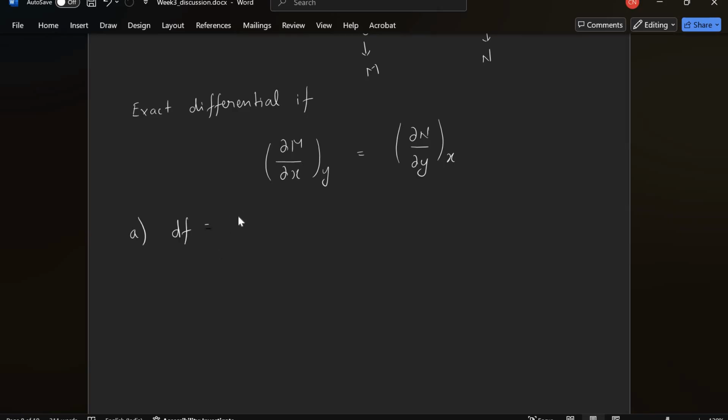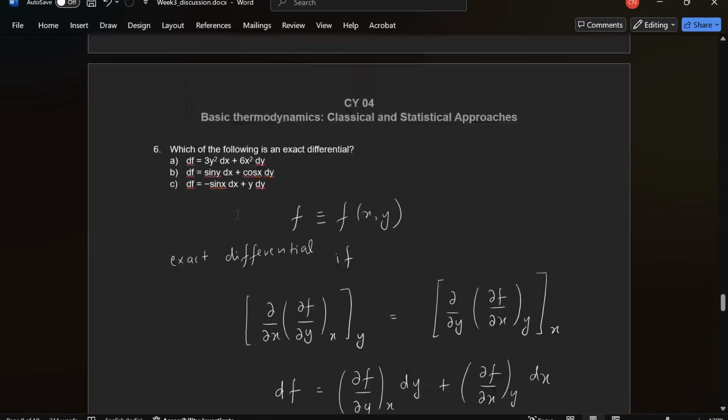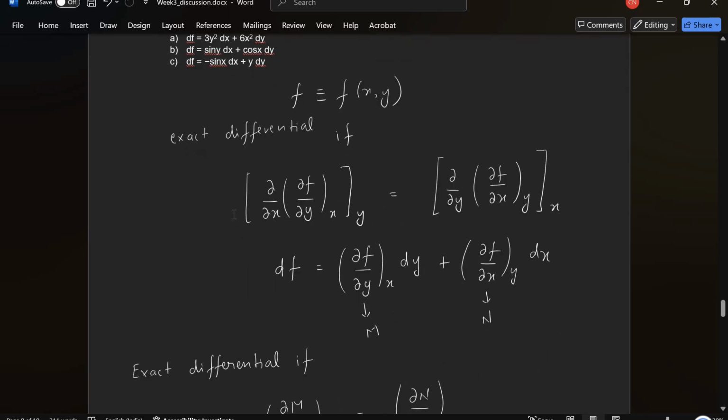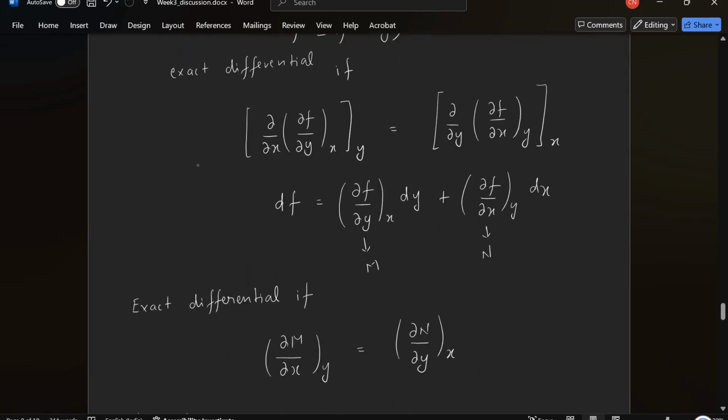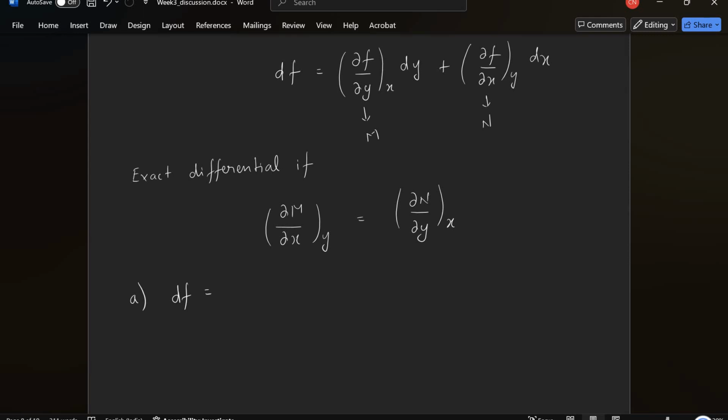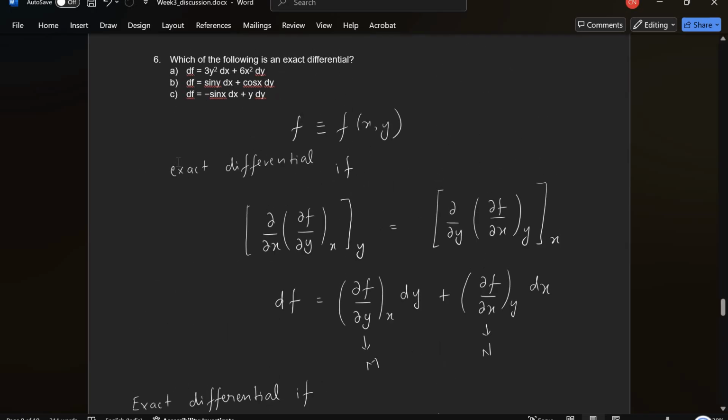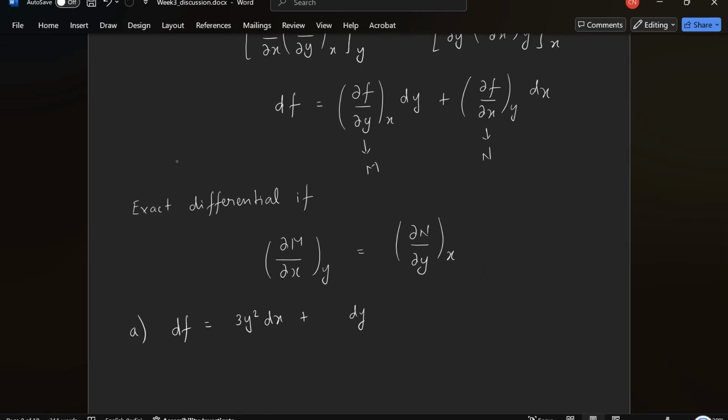What's the first function? df is equal to 3y squared dx plus 6x squared dy.